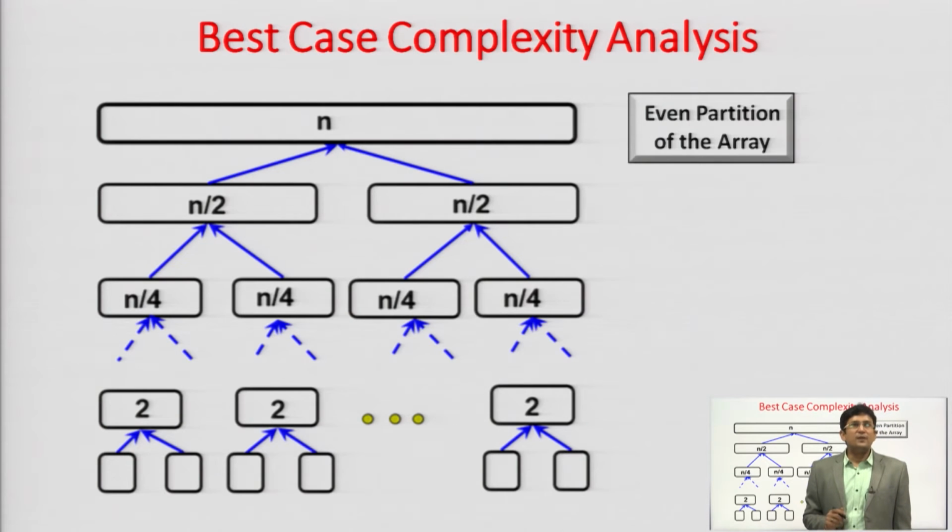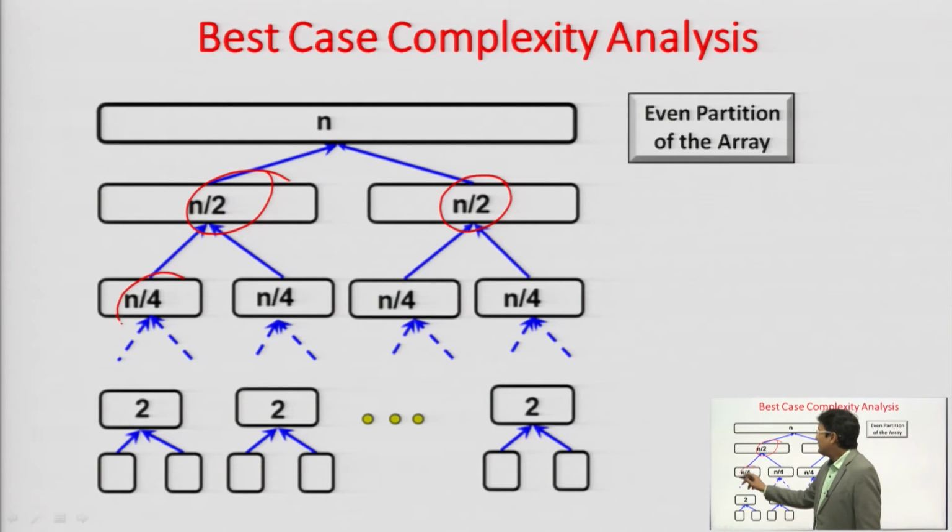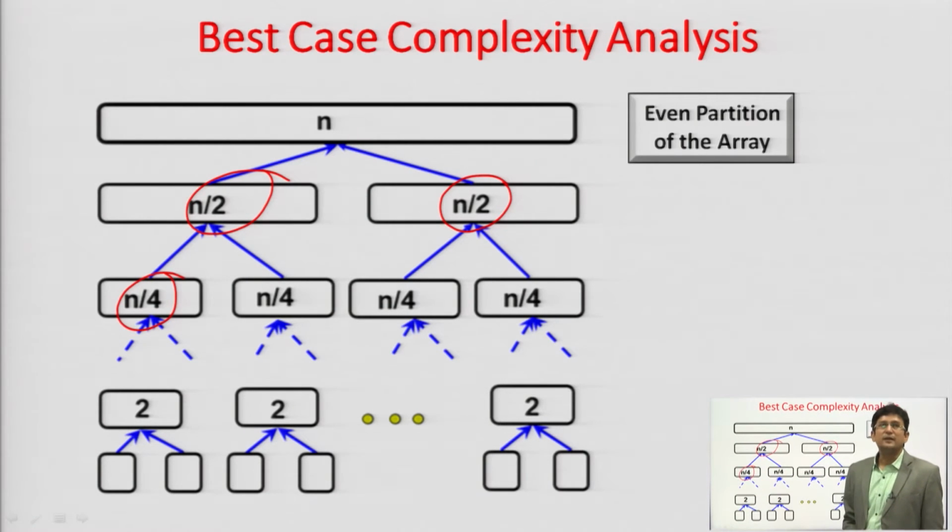Now, let us say we have the even partition of the array. Even partition means the partition of the array took place from the very middle. So, you can assume that the left hand side array contains n by 2 elements, the right hand side will also have n by 2. In the next partition, the division is once again in the middle.